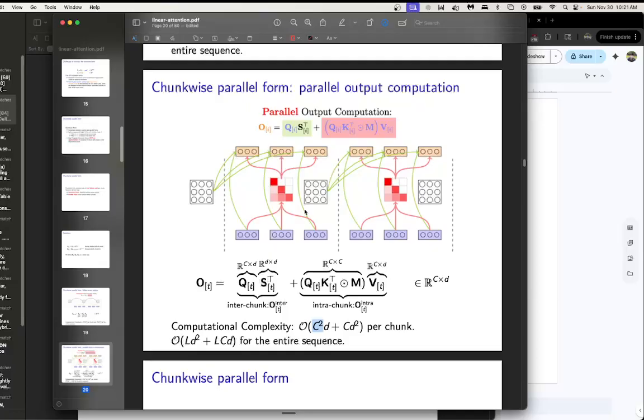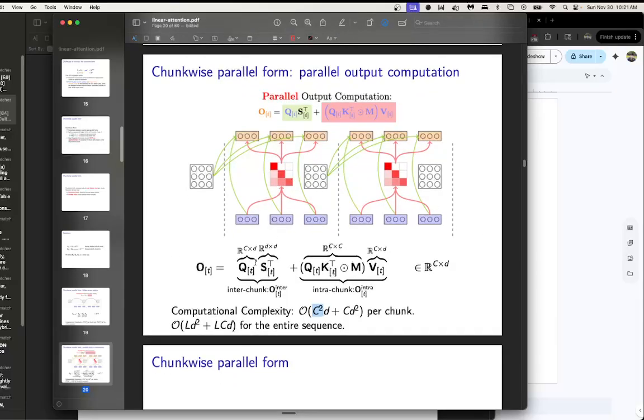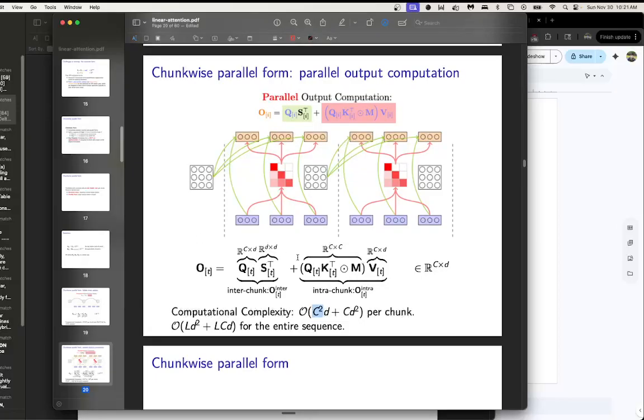And this is basically amortized, so if you're just adding together a bunch of chunk squared terms, and they're all parallelized, you get something much, much faster than a full L squared computation.